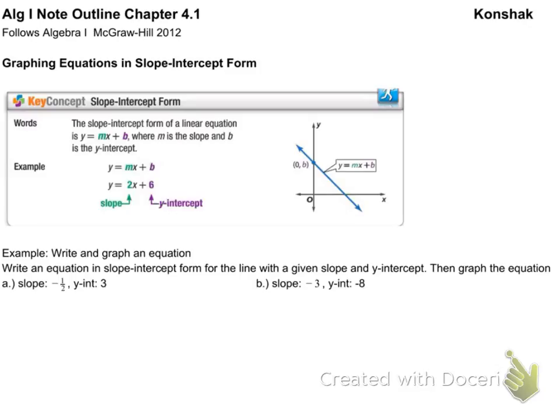Now, I'm a little wary of the way they present information up front here, especially in our examples, where they give you a slope and an intercept, and the first thing they want you to do is write the equation. If that's the case, you're really happy that you can do this really quickly. But the one thing I don't like is that it says the y-intercept's 3.